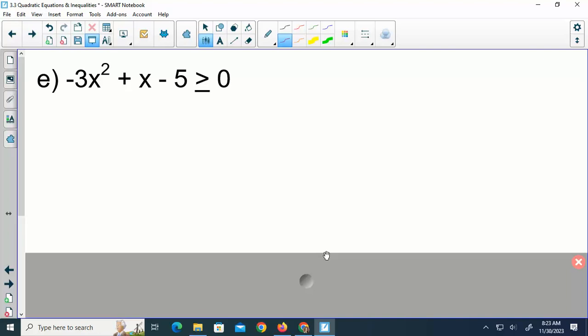The x squared has to be positive before we do our slip and slide. So to fix that, we could take everything times -1. If you multiply by a negative, what happens to the inequality? So then we can do our slip and slide.